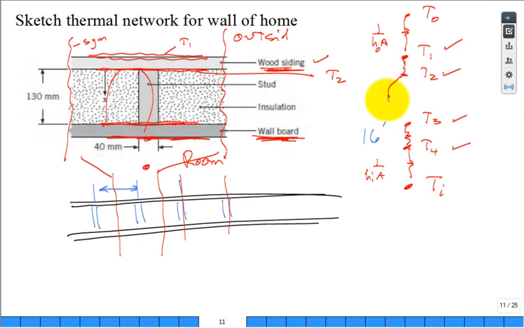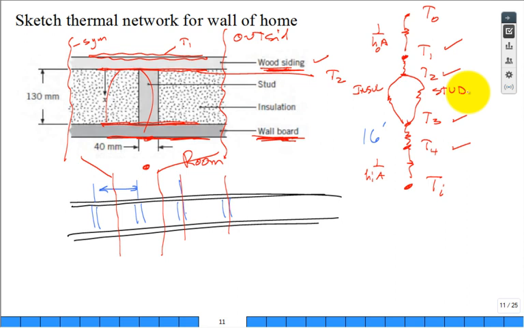So that's why we have two resistors to model thermally the heat transfer through this wall. One would be the path through the insulation, and one would be the path through the wood stud.